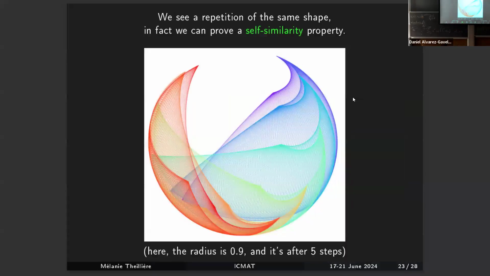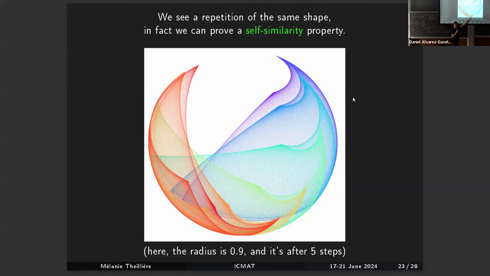And in fact, if we focus on what happens, we see a repetition of the same shape, and we can prove a property of self-similarity. That means this is a pattern which repeats: a pattern in red repeats in a pattern in orange and green.